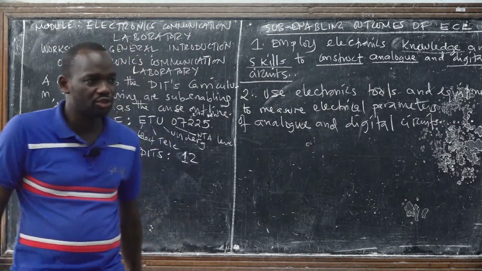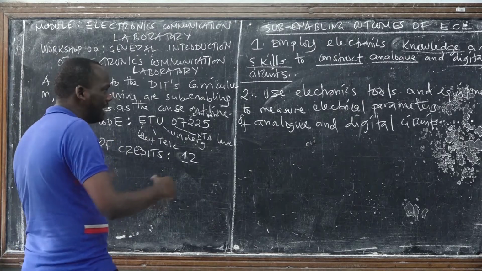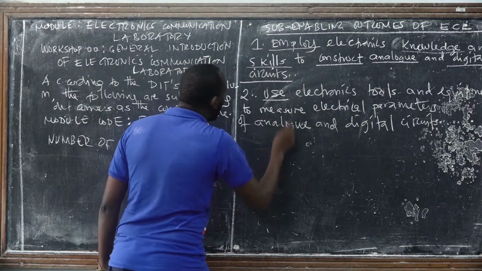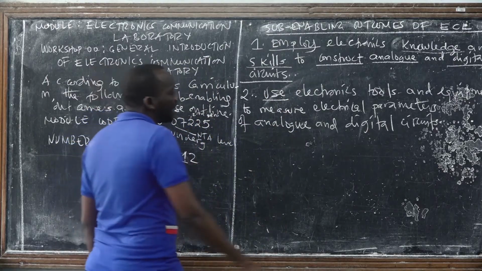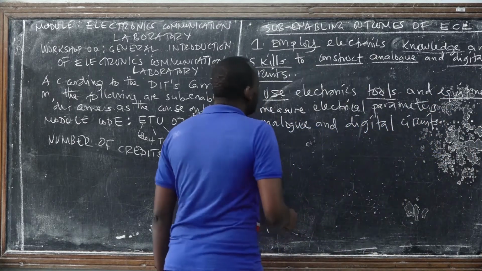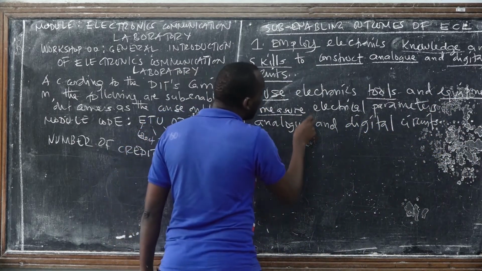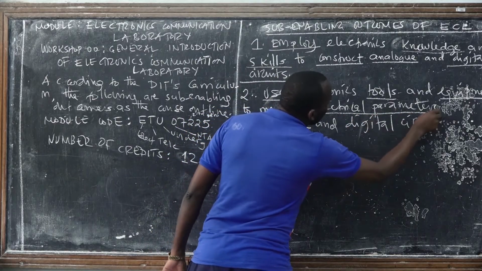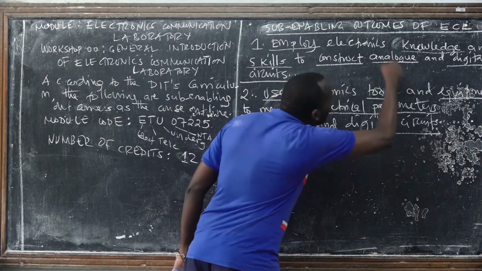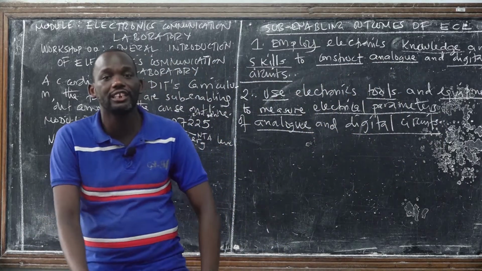Remember, in the curriculum there's no underlined word; I'm underlining the words. Here you've been told to employ. Here you've been told that you have to use electronics tools and equipment to do what? To measure what? Electrical parameters of what? Of the analog and digital circuits that you constructed in the first sub-enabling outcome.